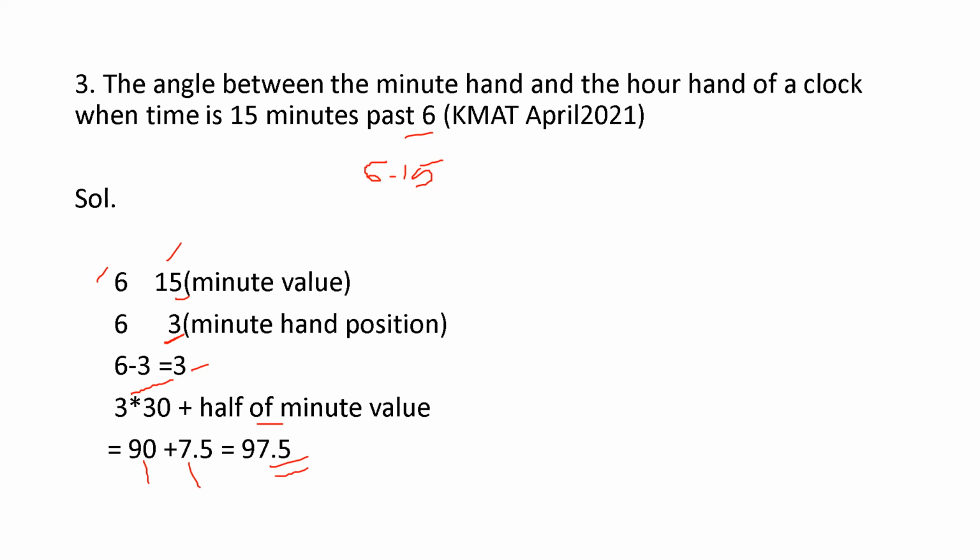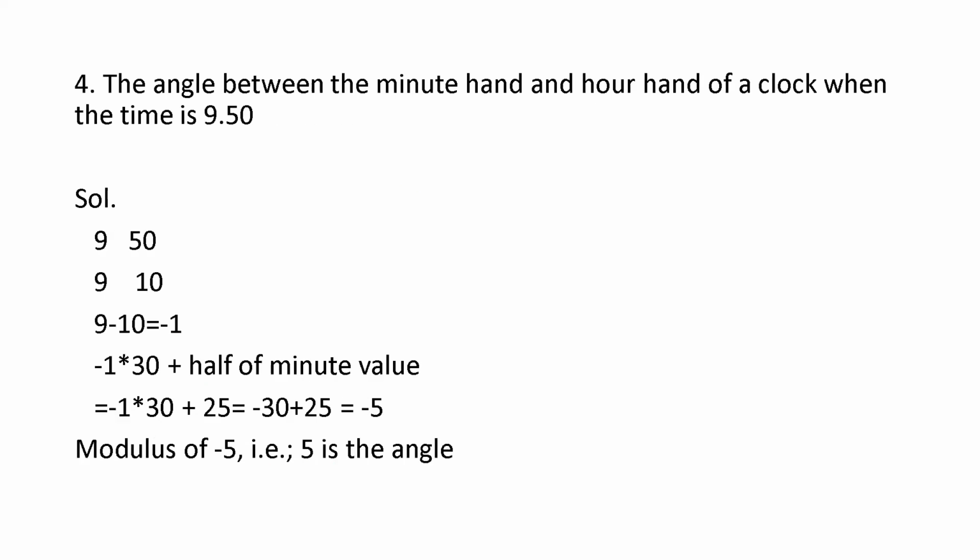Okay. Here is the next question. The angle between the minute hand and the hour hand of a clock when the time is 9:50. Same way, you have to write 9 and then the 50 position. In the clock it is at the 10th position. So 9 minus 10 is minus 1. Minus 1 into 30 and half of the minute value is to be added.